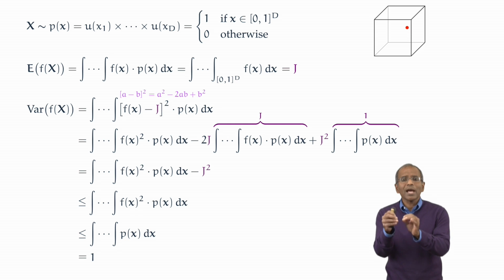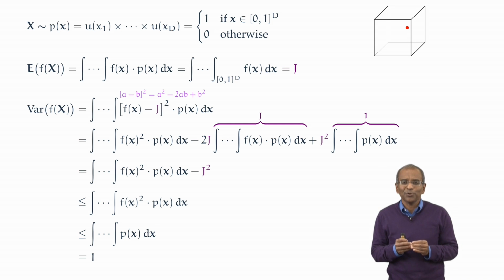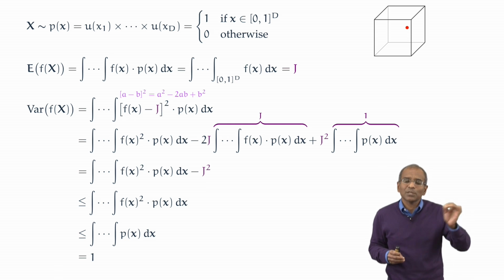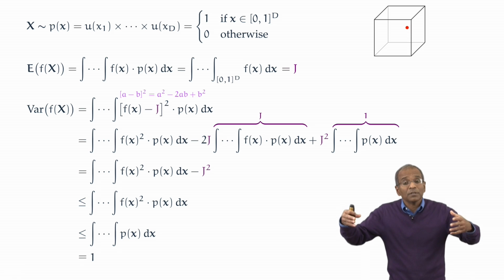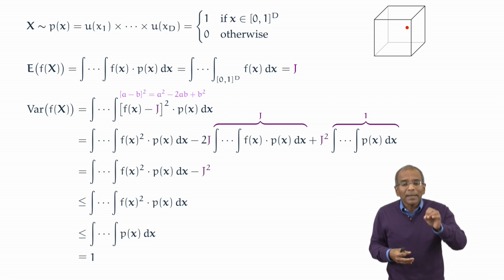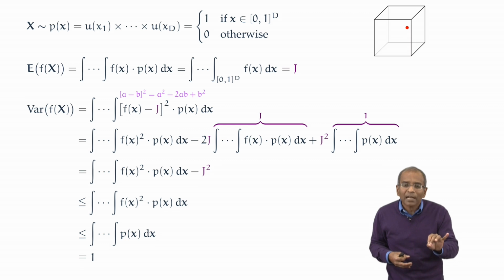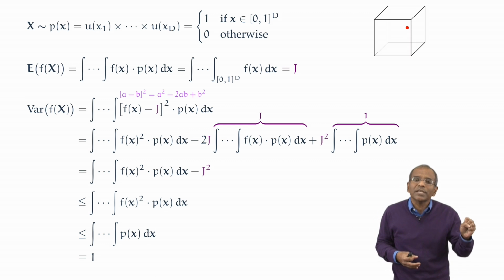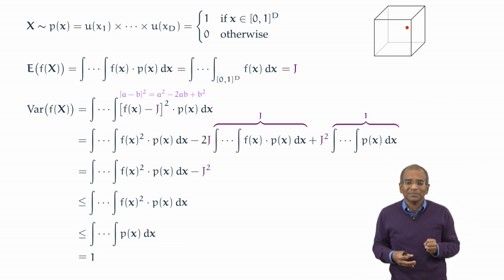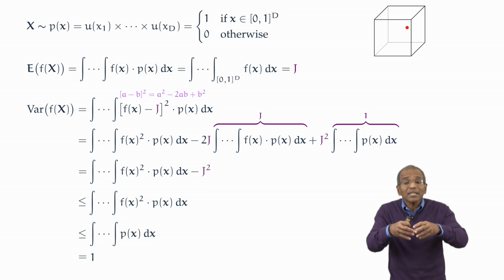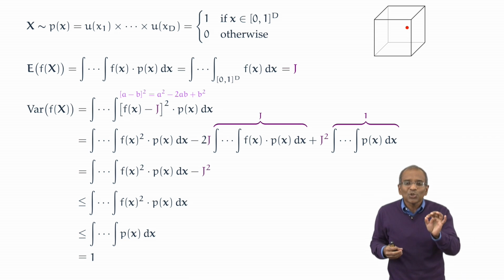If I select a random point in the d-dimensional cube and evaluate the function at that point, I get a chance-driven variable. But that variable has expectation exactly j, the quantity that I want to determine. And the expected squared spread, the variance of that estimate, is no more than unit.